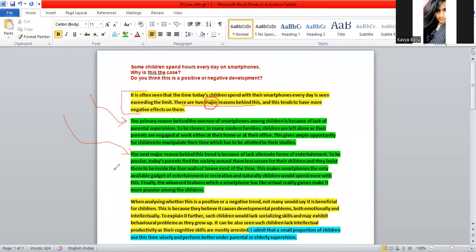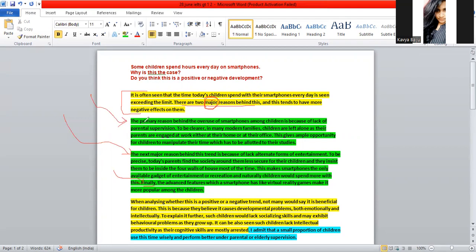We do have another reason too here, but that's not a major reason. If you want to support the major reasons, we can have one more reason, but we don't need the explanation and example there. That's what we have done here.